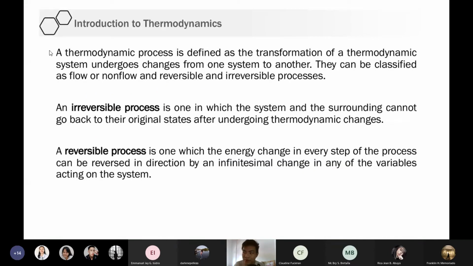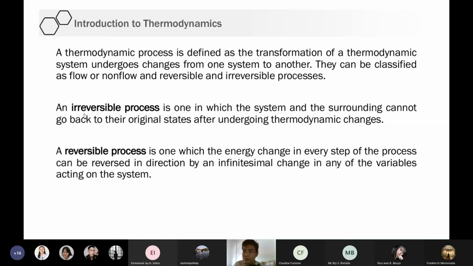Now, there are also other terms which refers to the processes naman, the thermodynamic process. So when you say thermodynamic process, ito yung process in which the energy can flow. So in transferring energy, it could be an irreversible process or it could be a reversible process.